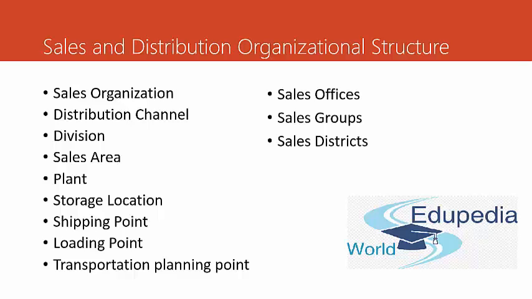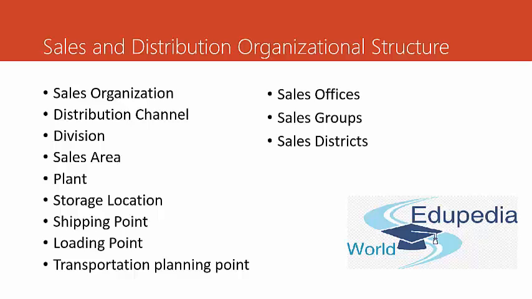Divisions we can use to represent various product divisions that exist in the organization. Sales areas we use to define the relationship among selling entity, channels, and divisions. Sales offices, sales groups, and sales districts we use to represent the geographical locations.